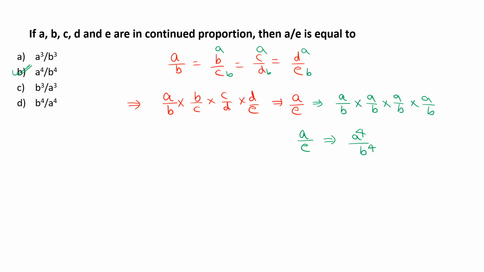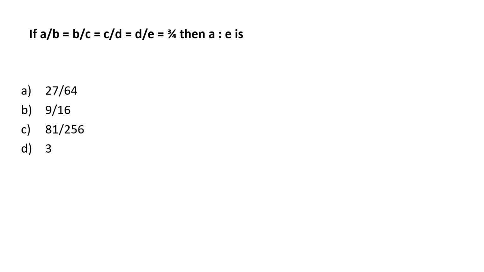Okay. Let's move to the next question. If A upon B equal to B upon C equal to C upon D equal to D upon E equal to 3 by 4, then A upon E. We have just discussed all these things. When we need to find A upon E, that means the first term and the last term, just multiply all those ratios or fractions.